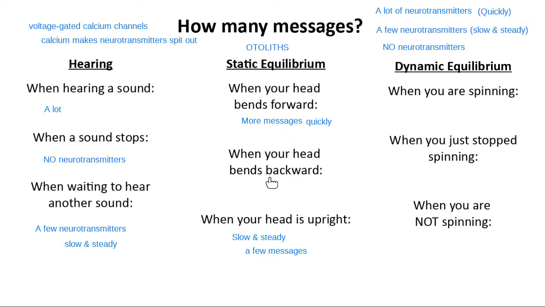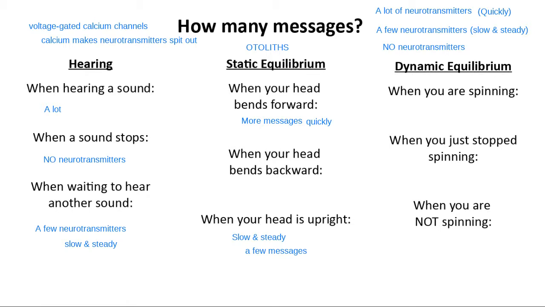When we bend our head backwards, what's going on with those messages? What's happening when Olaf moves toward the back, those little otoliths? Yeah, so we don't actually spit out none, but we do spit out a lot fewer. So we start to close the gates, some of the gates.